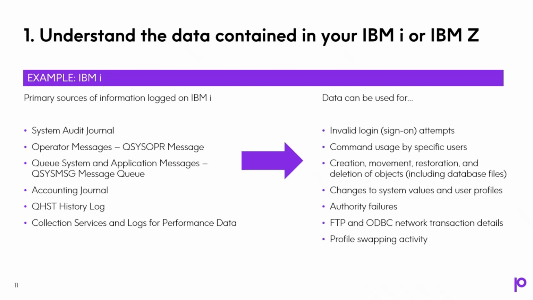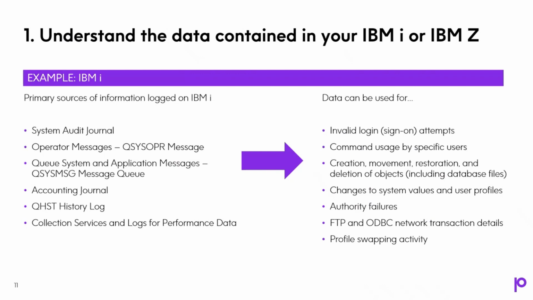Or you could look at an accounting journal to see changes in system values or user profiles. So there's all of this different information that, once you have it in the context not only of the system itself, but of the rest of your business and the impacts in relation to other areas that this application is serving, it can make a world of difference.